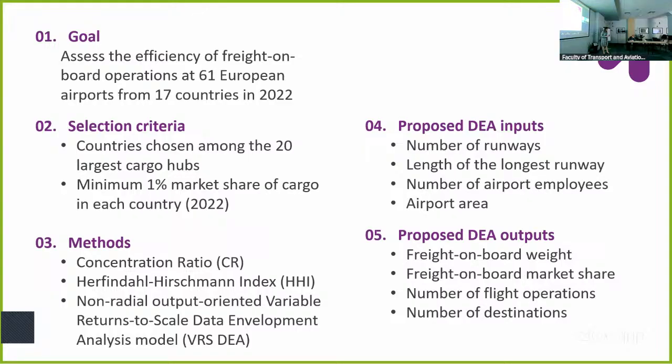Yes, we know that the largest hubs possess relatively longest runways, so the largest aircraft such as Airbus A380 or Airbus Beluga, yes, or Boeing, prepared for cargo journeys could operate on it. And also number of airport employees as an input, and airport area in total.